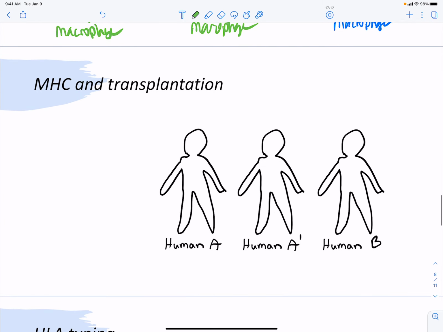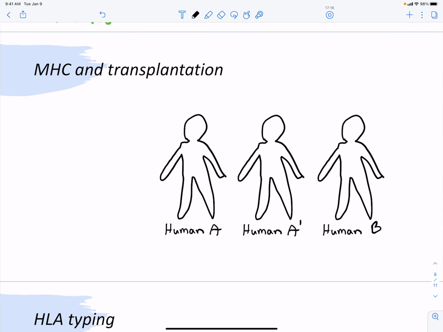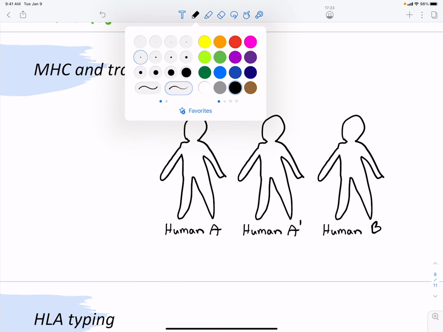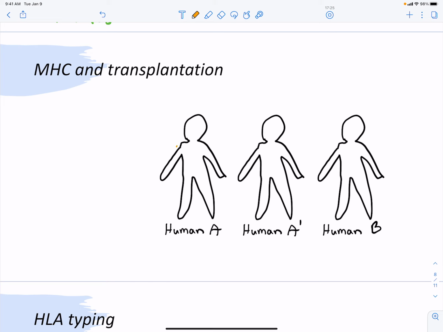Now, we have to talk about a few definitions with respect to MHC compatibility, self, non-self, and transplantation. If you are going to have a transplant and give it to yourself, this is called autologous. And that means self.